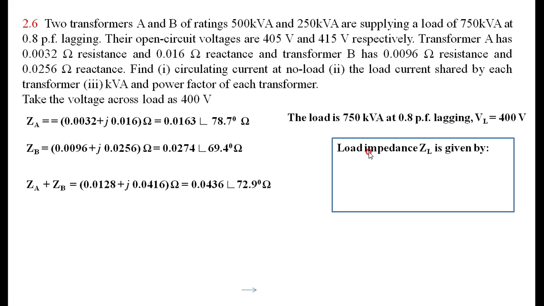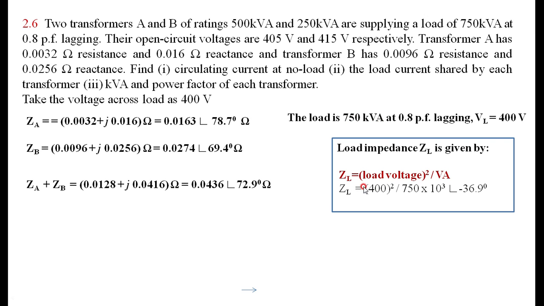Then you have to calculate the load impedance, because in the IA and IB equations you come across the load impedance. How to find the load impedance? It can be calculated as load voltage squared divided by the volt ampere at the load terminals. The voltage across the load is 400 volts, and the volt ampere at the load is 750 kilovolt ampere.